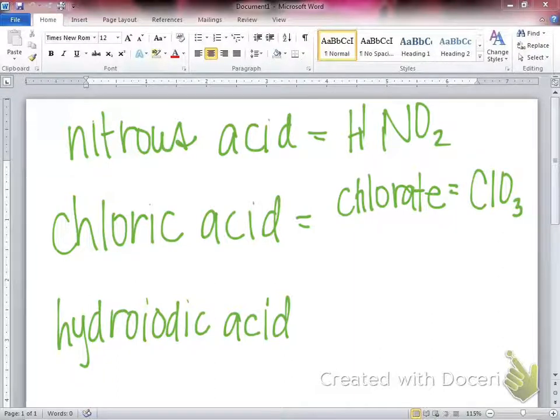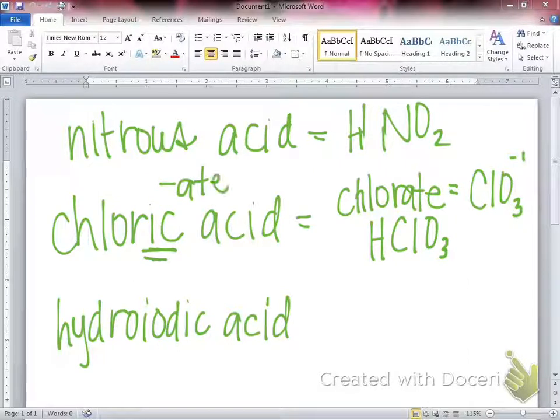ClO3. So we're missing that 3 on your oxygen. You had it balanced correctly, but we were missing those other 2 oxygens. So chlorate is ClO3 minus 1, which means chloric acid should look like this, HClO3. So IC ending means our polyatomic ion needs to come from ate. OUS ending means it needs to come from ite.